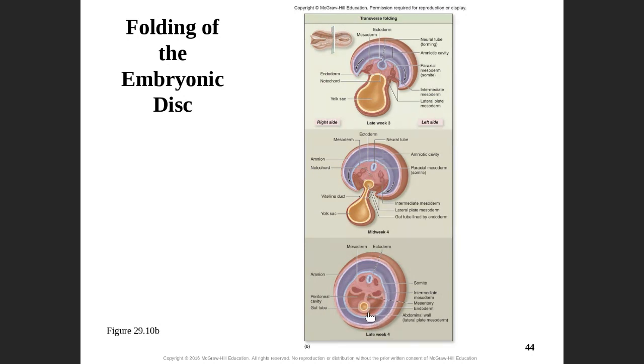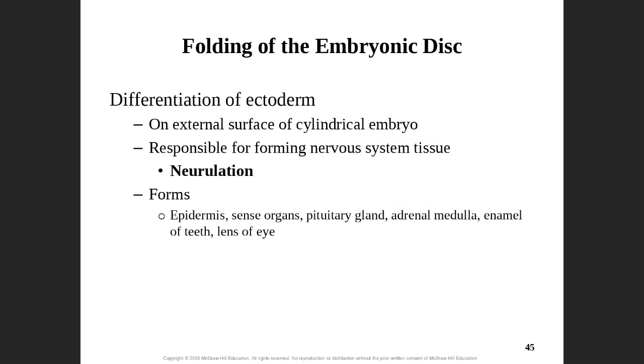During this folding we'll see the beginnings of our primitive digestive tract, our gut tube. We'll also see the formation of some structures called somites, which we'll talk about in a moment, and the beginnings of our neural tube. Really cool stuff.